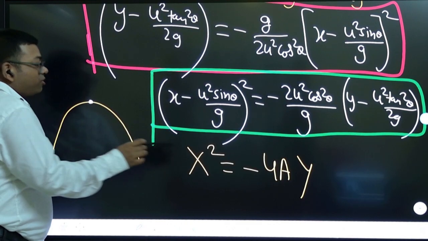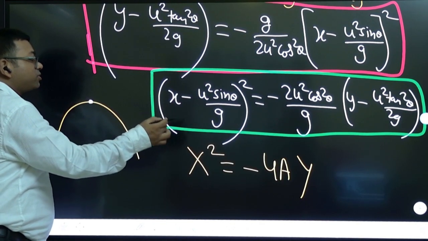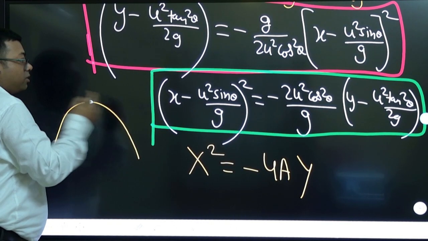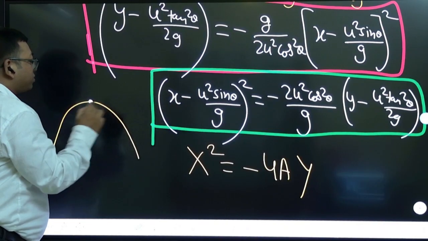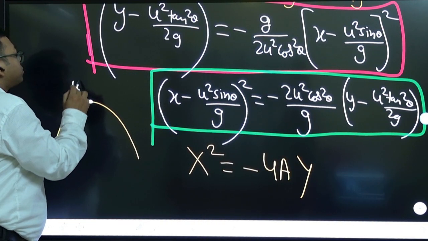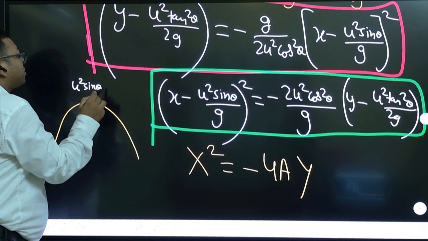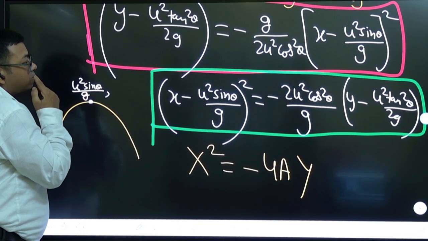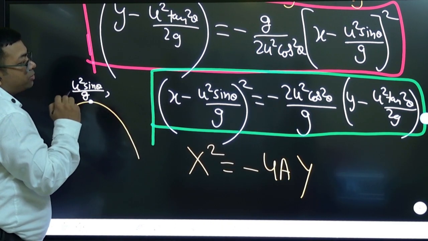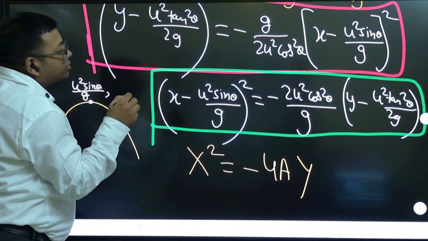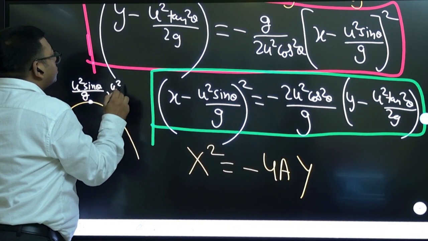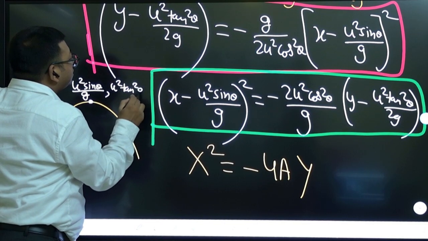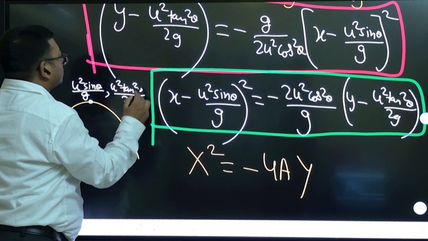How do you know? You put capital X equal to 0 and capital Y equal to 0. So this will be 0, and this point is going to be u square sin theta by g, comma, u square tan square theta by 2g.